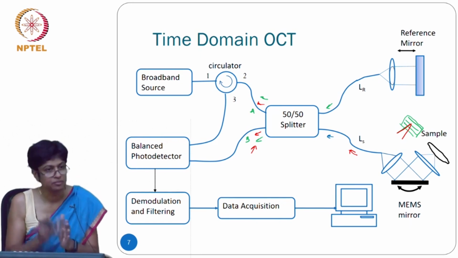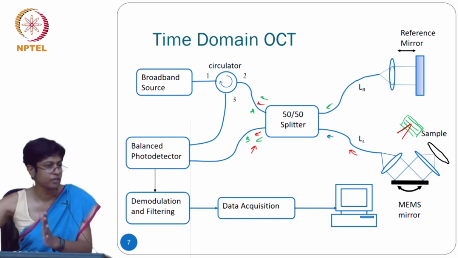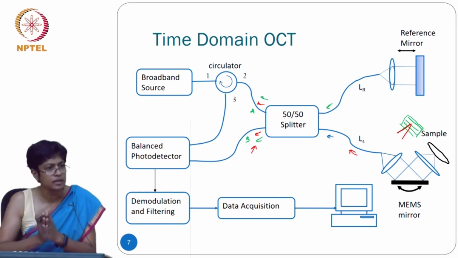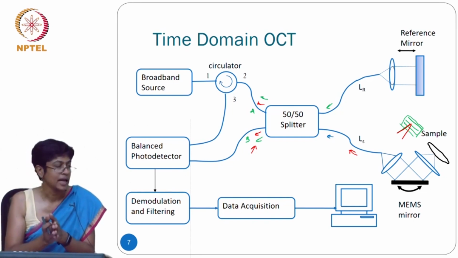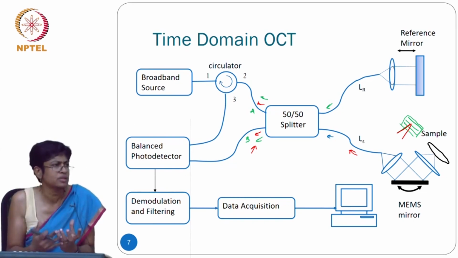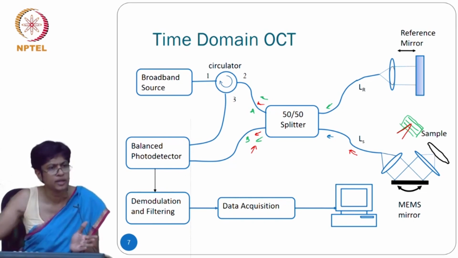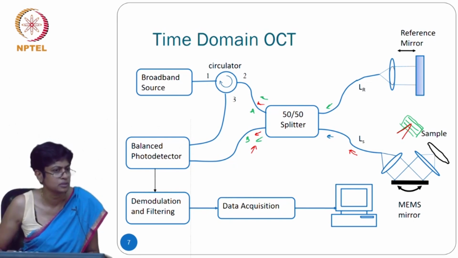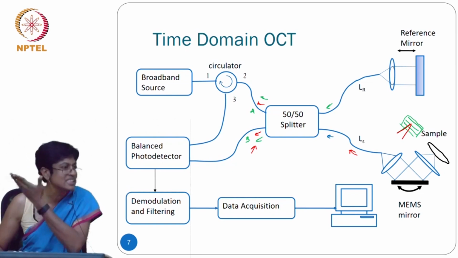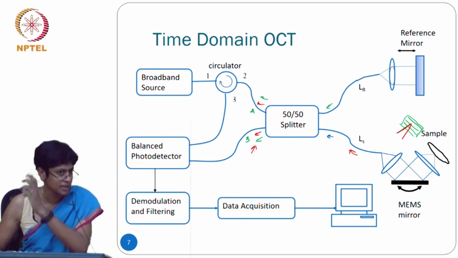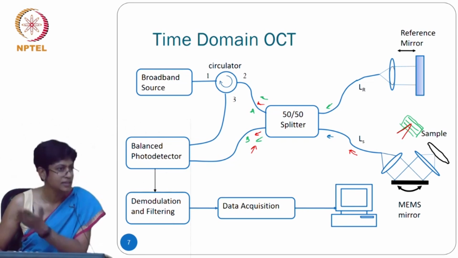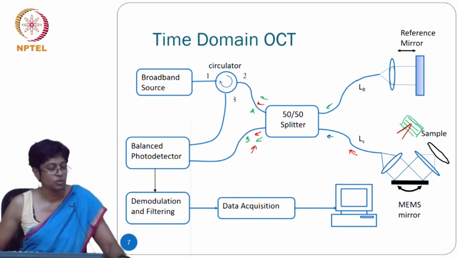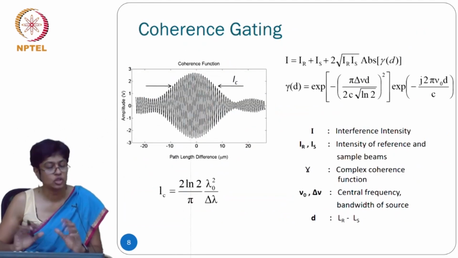I have light coming back from layer 1, layer 2, layer 3, layer 4, but I have set it up so that only layer 3 has a 0 path length difference with the reference mirror. So what happens to the reflected light from layer 1, layer 2, layer 5, layer 6, and so on? It's just the DC. It doesn't play a role in the cosine term. It's just adding a DC to your signal, right?